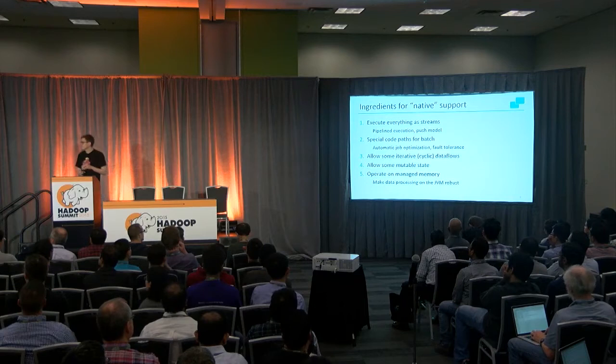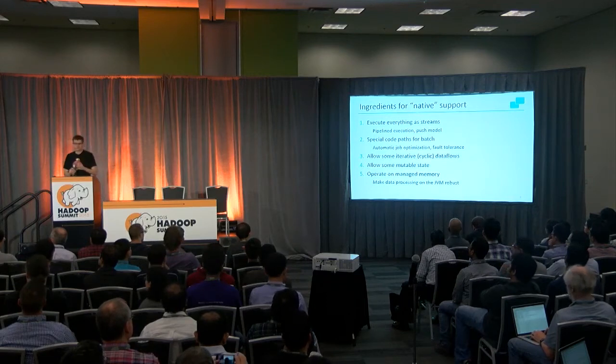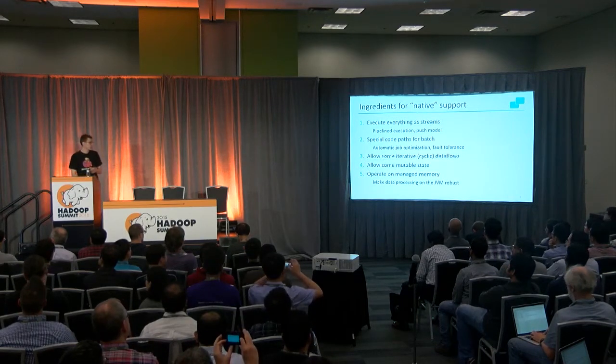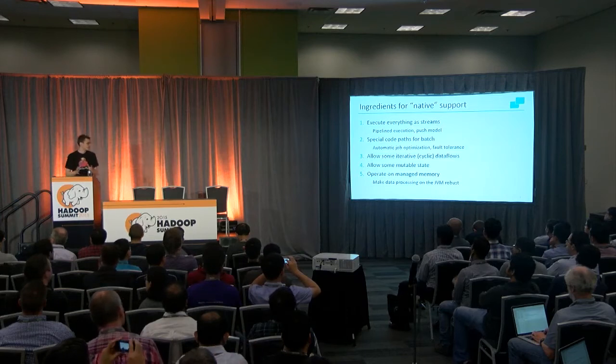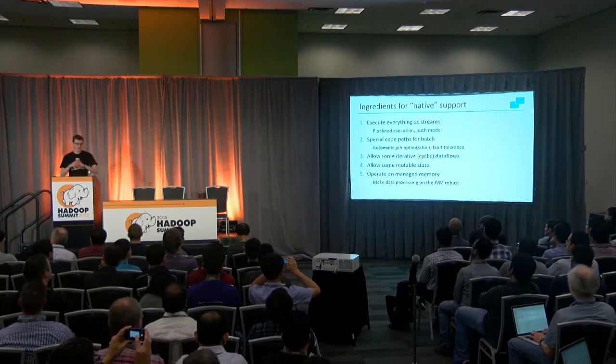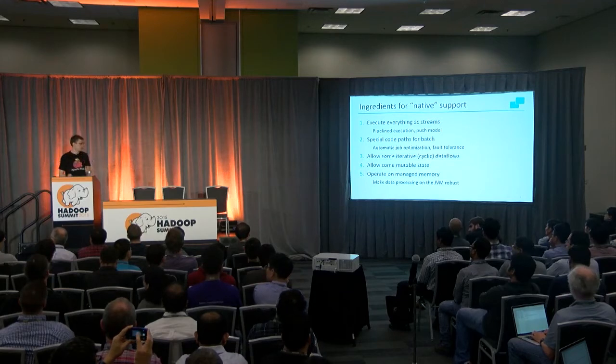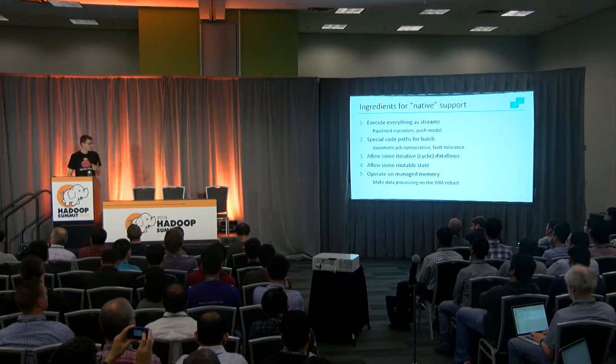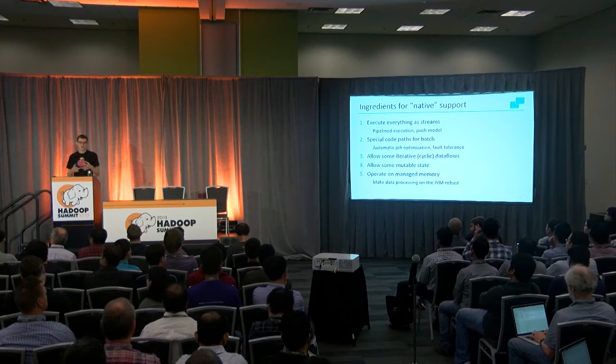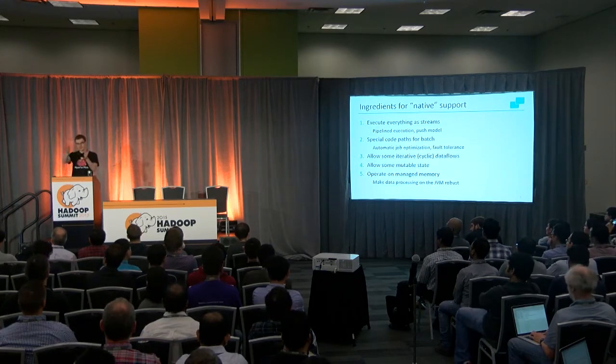So the system has a push model. All the operators are pushing data to the following operator. For stream processing, this means that there's no latency, there's no waiting. We can just push elements as they come to the subsequent operator. Sometimes we need to block for batch execution, but this is treated inside the operators.